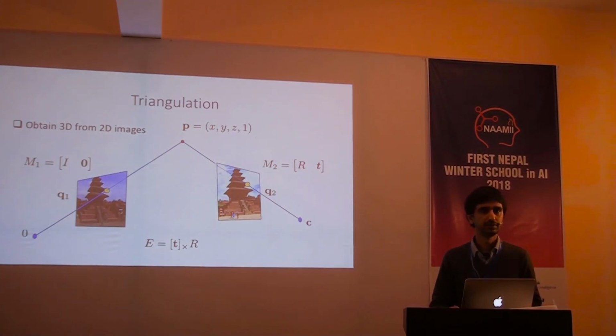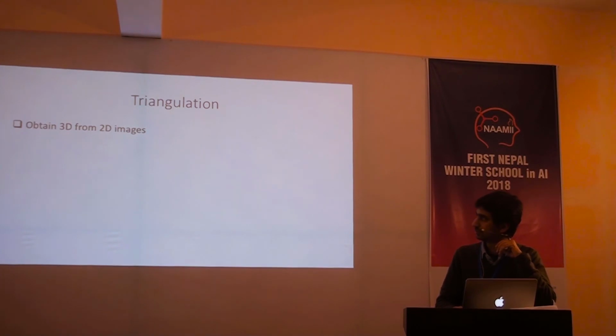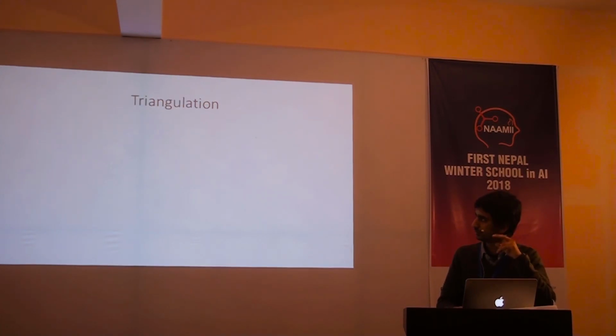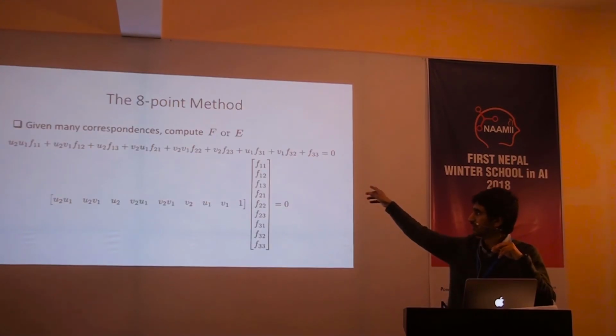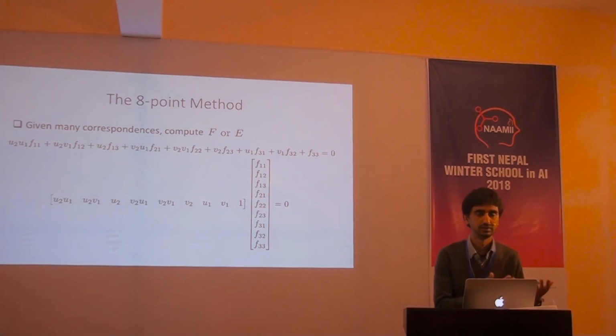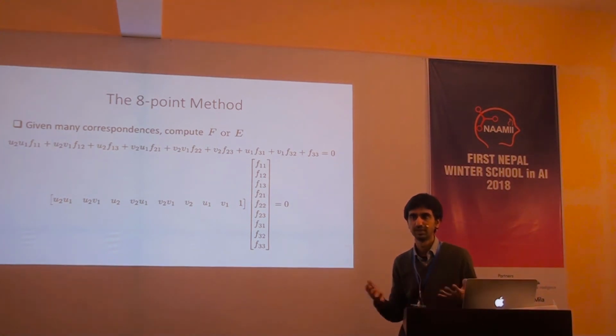When you compute the essential matrix, we said that this is rank 2. This is a rank 2 matrix, right? When you solve it using these linear relations, you get a least square solution, which is an approximate solution. This solution doesn't necessarily have rank 2.